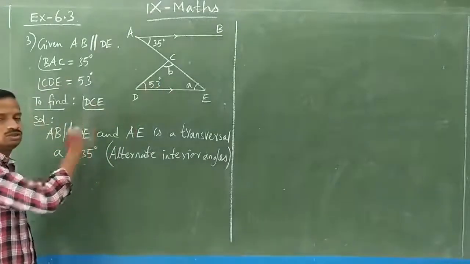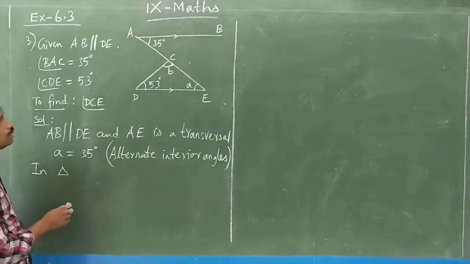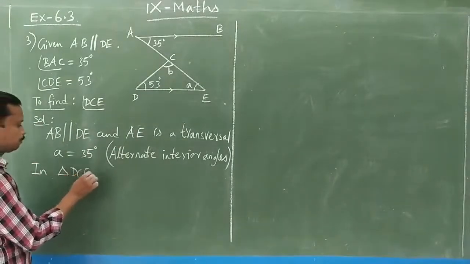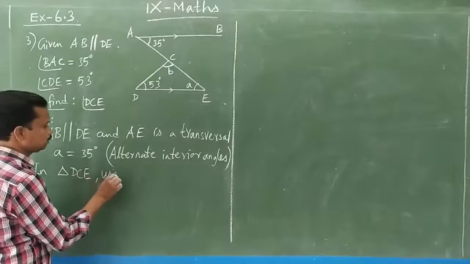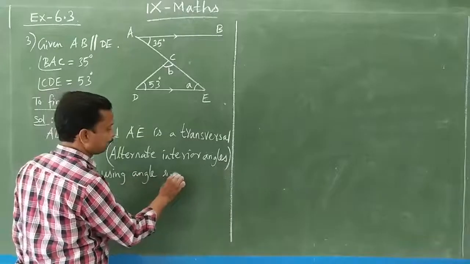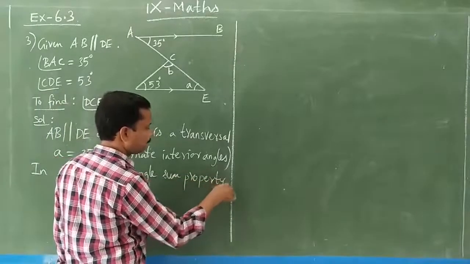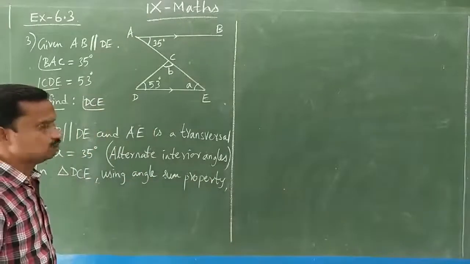To find DCE, very simple. Now in triangle DCE, using angle sum property, you know what is that?